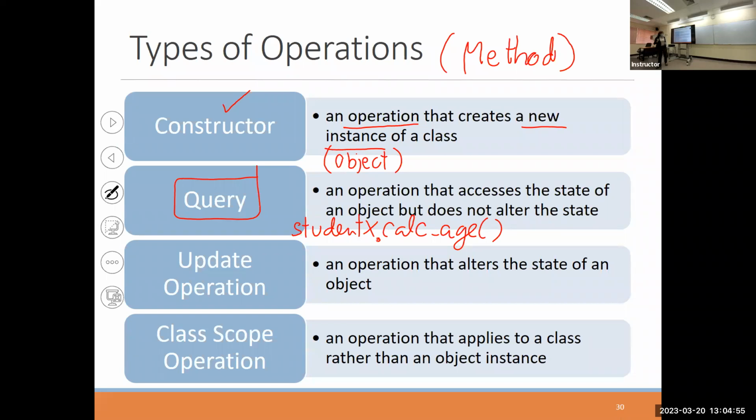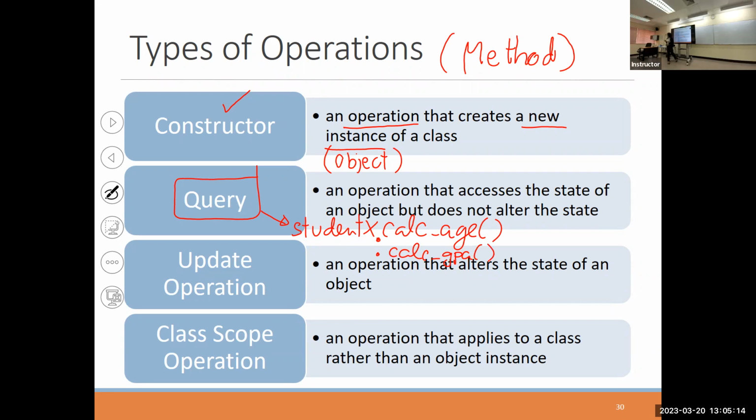Through message dot notation. So if I do have a student X object, I could say student X dot calculate age. I could say student X dot calculate GPA, right?